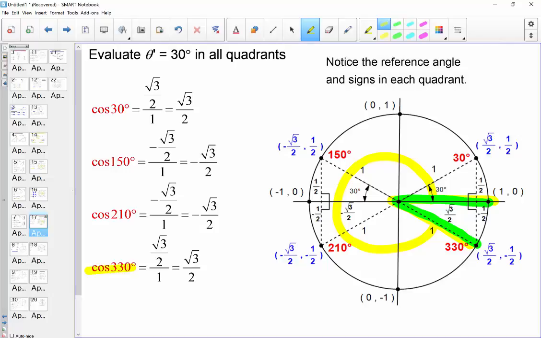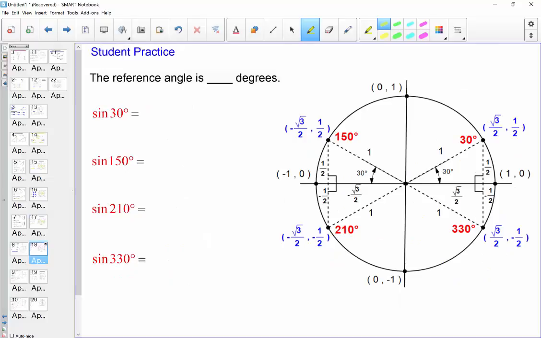So the cosine of 330 degrees, using our 30-degree reference angle, the adjacent side of 30 degrees is a positive square root of 3 over 2 in the fourth quadrant, and the hypotenuse is 1, which simplifies to square root of 3 over 2.